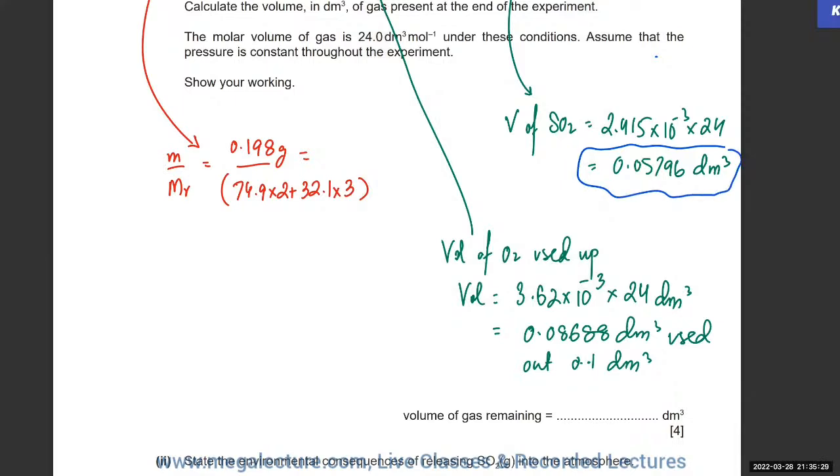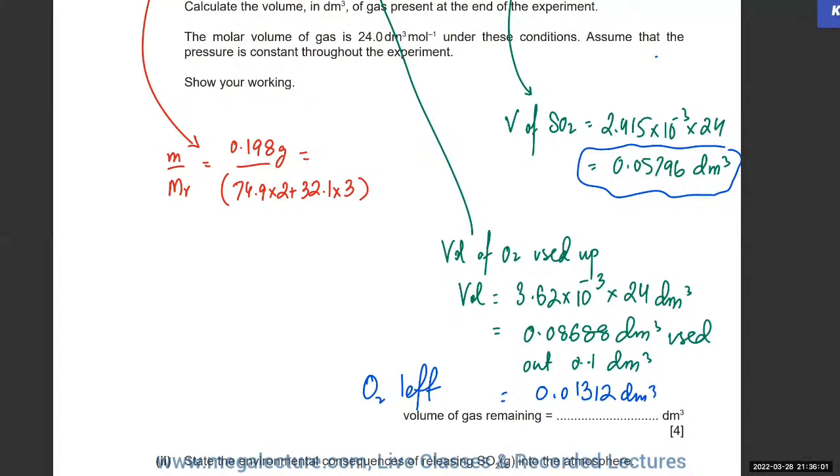What do you get? 0.01312. So the oxygen that is left is 0.01312 dm cube.